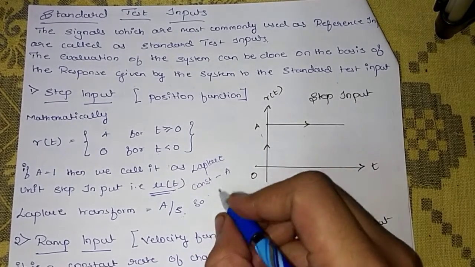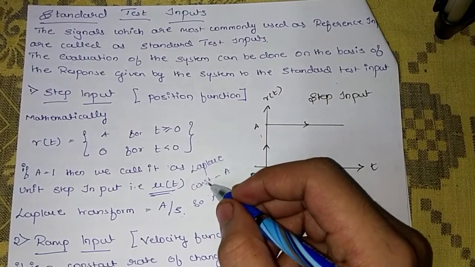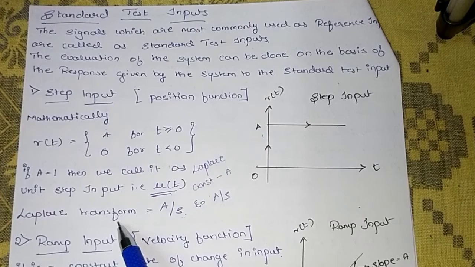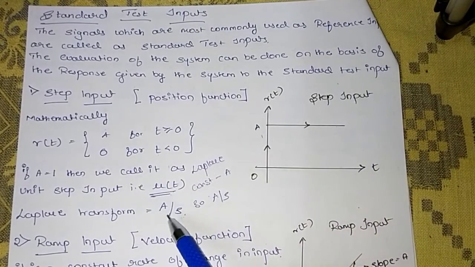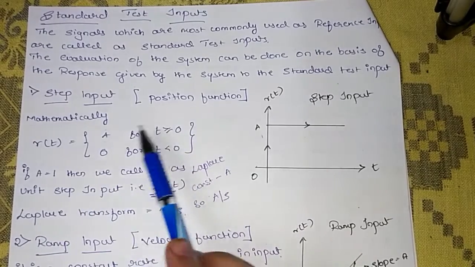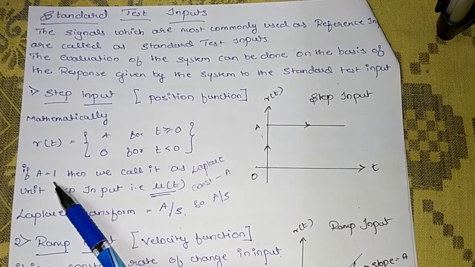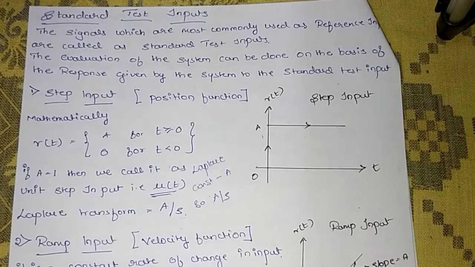The Laplace transform of a constant is nothing but the constant divided by s. So the Laplace transform of the step input is a by s. The important thing is we should remember this mathematically, and we should remember the Laplace transform and a equals 1. This we can easily remember.